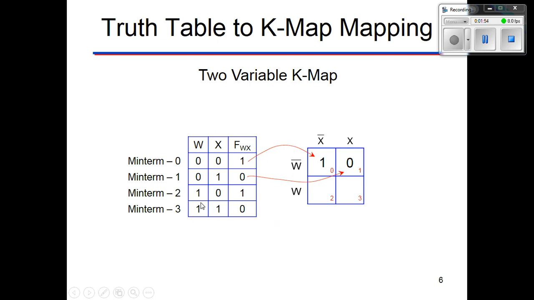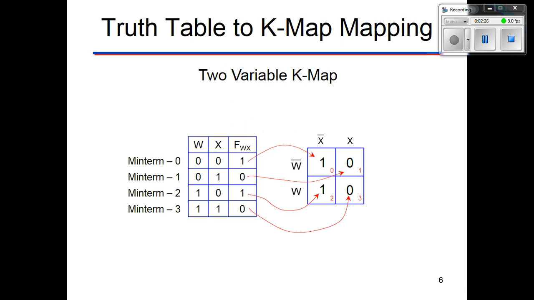Next one, I have W, not X. So that would be right here, so this one goes right here. And the last one is WX, that's a 0, and it goes in the last box. So you can see all I'm doing is mapping out my outputs, and the coordinates are whatever's happening with the inputs.